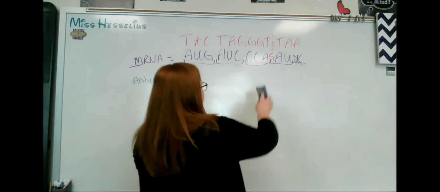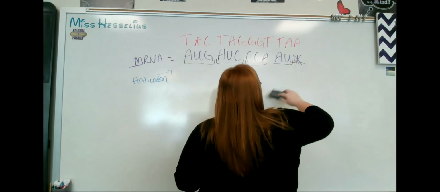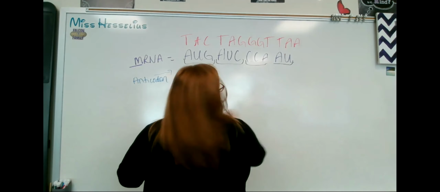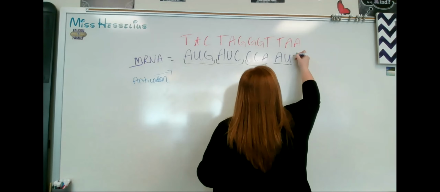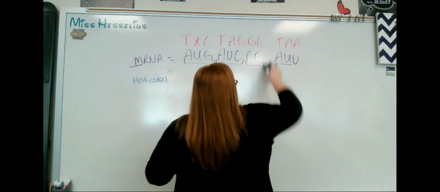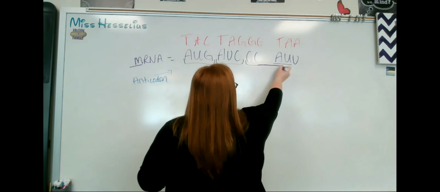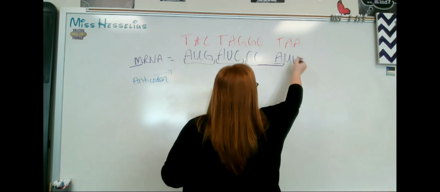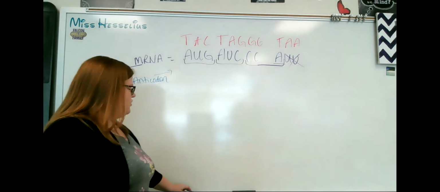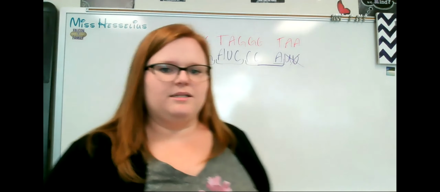Same thing with deletion. If we deleted a base in our mutation, like let's say we deleted the A because the T was gone. So now we have to read this as this. And then these guys don't code for anything because you have to have 3 codons to translate into an amino acid.